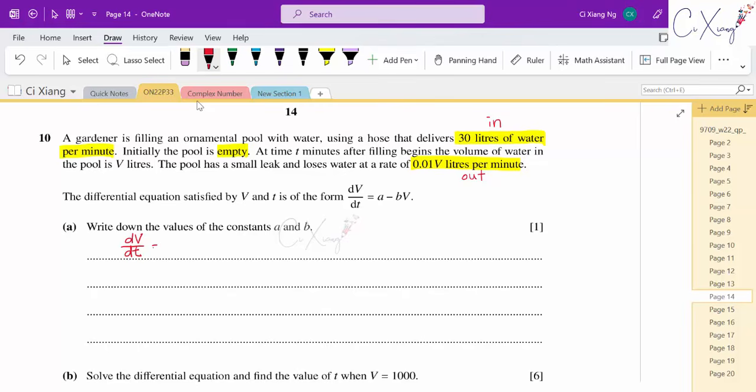Since we know that water flows in at 30 liters per minute, I'm having 30 positive. And we are having a small leak at this rate, so I have to minus this leakage, which will be 0.01V. So compared to the differential equation that they show us here, very easily you can see that A is basically 30 and B is equal to 0.01.